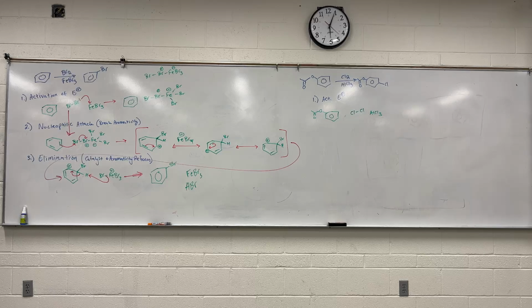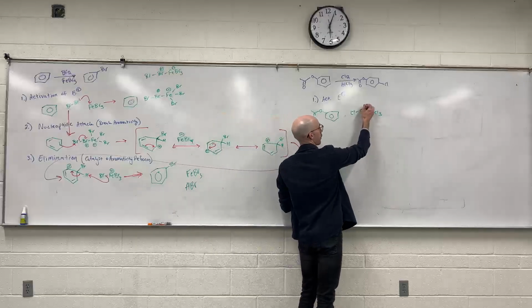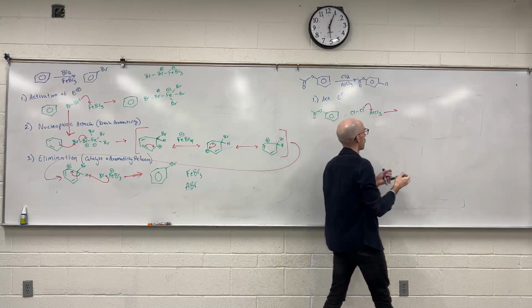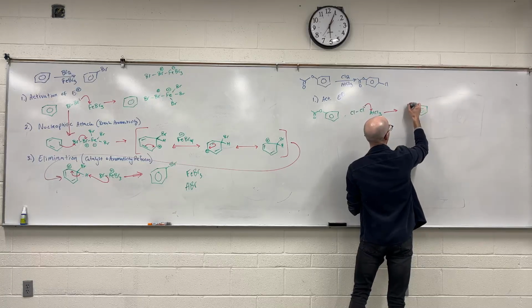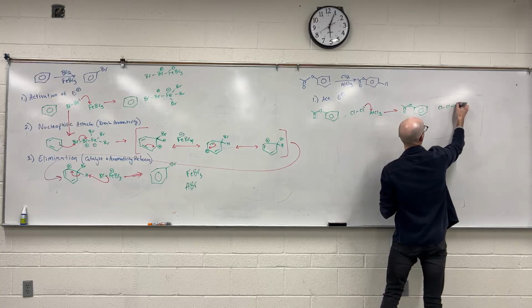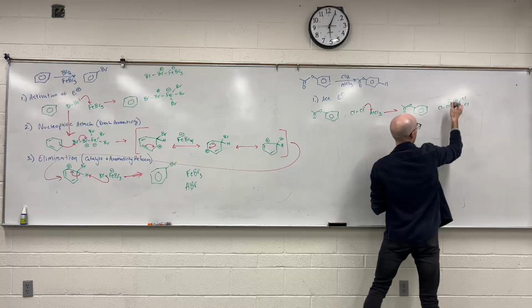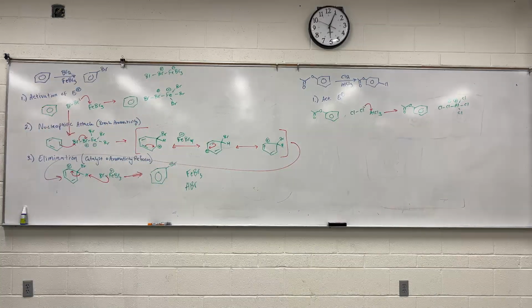Yoon, what do you think? Yeah, just like bromine formed a bond with iron, chlorine forms a bond with aluminum. I didn't have a great electrophile before, but now I do. Now I have an electrophile that really wants to accept electrons.